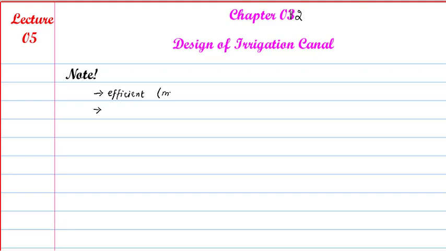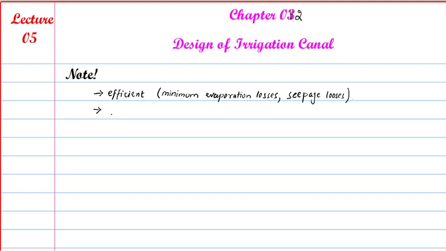Efficient means if you do the proper designing of the canal, then there will be minimum evaporation losses, right, and seepage losses. So we need to make an efficient system. For that we need designing.